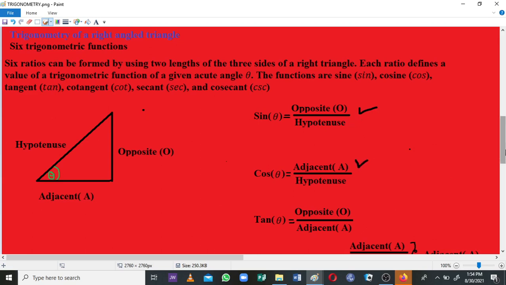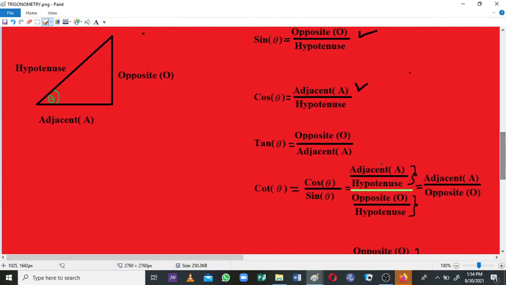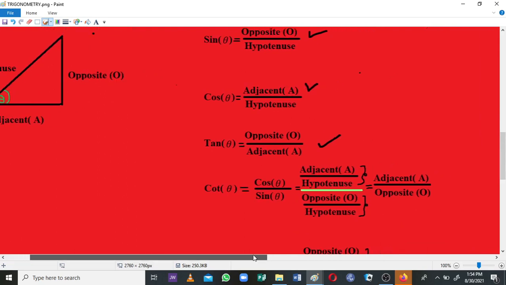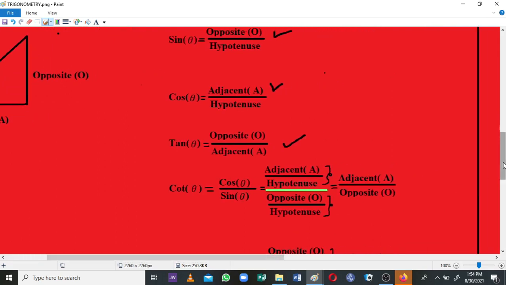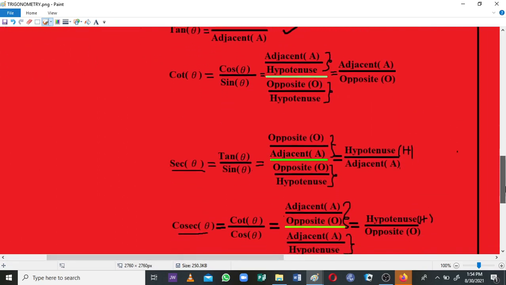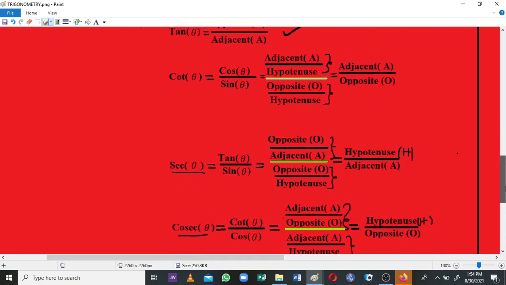We have also considered what a cosine ratio is. Now I just want to explain a bit on the cot, sec, and cosecant ratios.